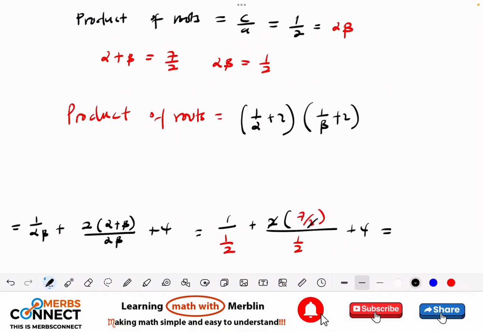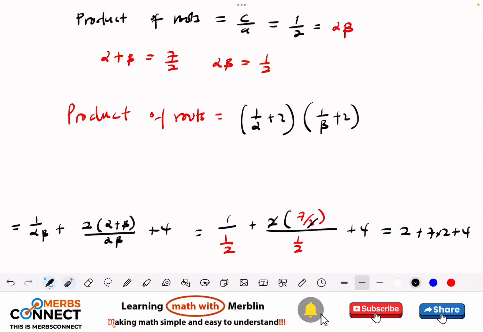So this is going to give us something like this. 1 over 2 will give us 2, right? Good. And this is going to give us 7, so plus 7 divided by 1 over 2. Divided by means that this is going to be like times 2, plus 4.